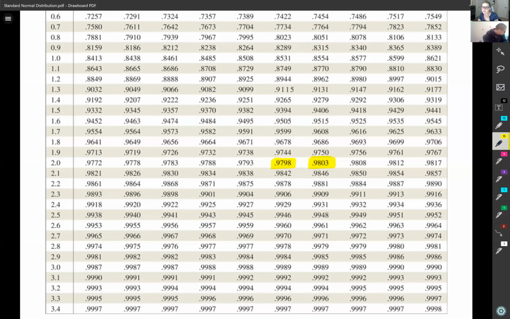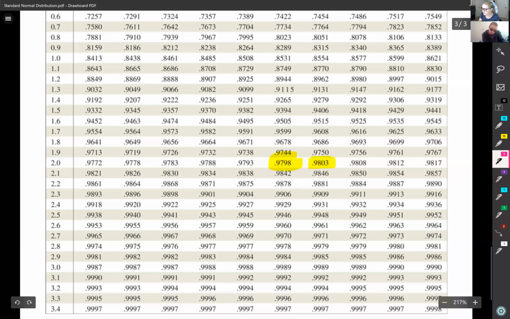If you don't have the exact number that you're looking for, you're going to pick the number that's closest to the one that you're looking for. I have 0.9803, which is 0.0003 away from what I'm looking for. But I also have 0.9798, which is only 0.0002 away from what I'm looking for. So this number is closer.